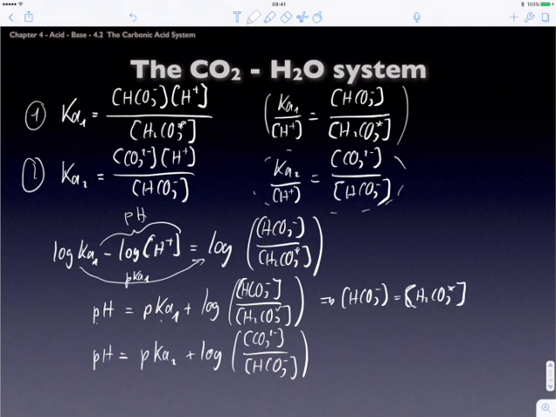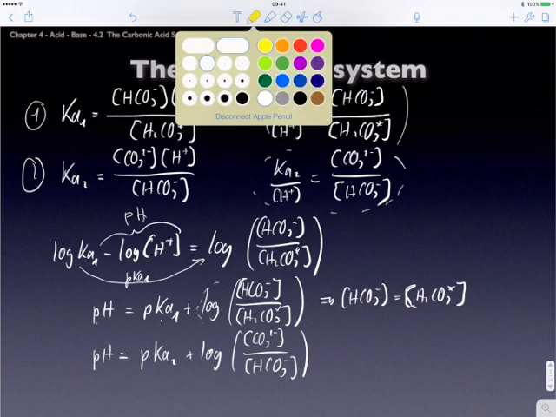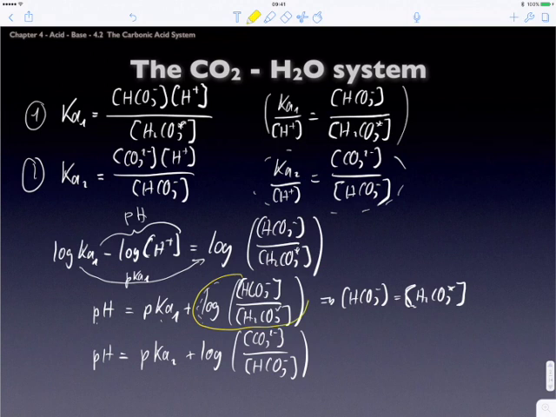Because the log here has to be 0. So this ratio has to be 1.